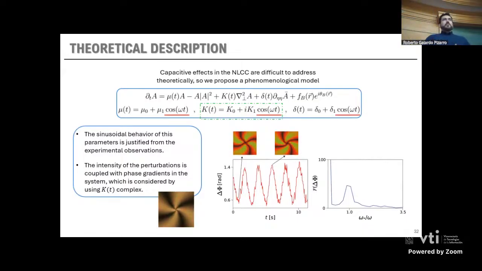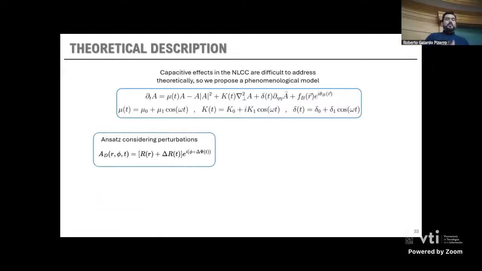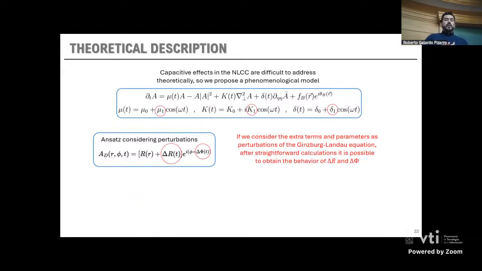So as the simulation shows that we have these dancing vortices, we want to understand if we can recover the behavior that we observe experimentally, at least using perturbations in this equation. So we use an ansatz considering perturbations in both the magnitude and the phase of this order parameter. And we use the new parameters in the phenomenological model as perturbations of the original Ginzburg-Landau equation without topological force.